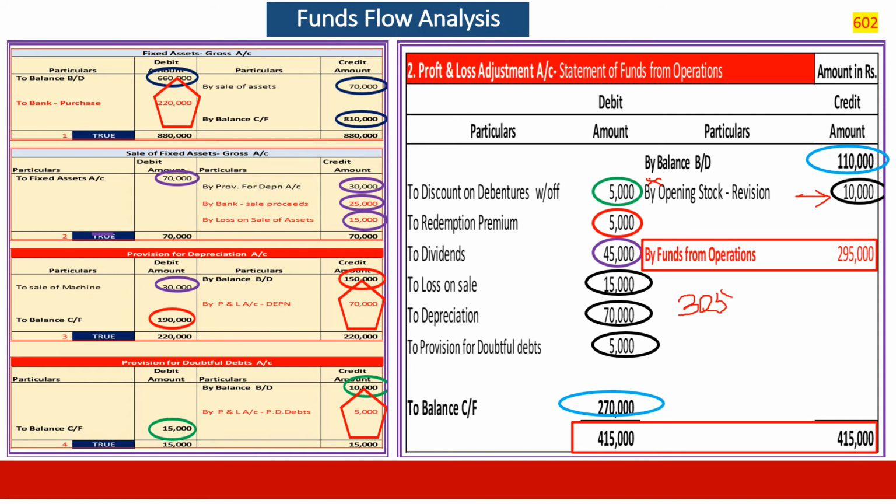By taking up opening stock, the funds have to come down. Therefore, to bring it down from 305 to 295, we put an entry on the credit side of the profit and loss account. Therefore, whenever the stock goes up, entry will come on the credit side. Whenever the stock comes down, entry will come on the debit side.